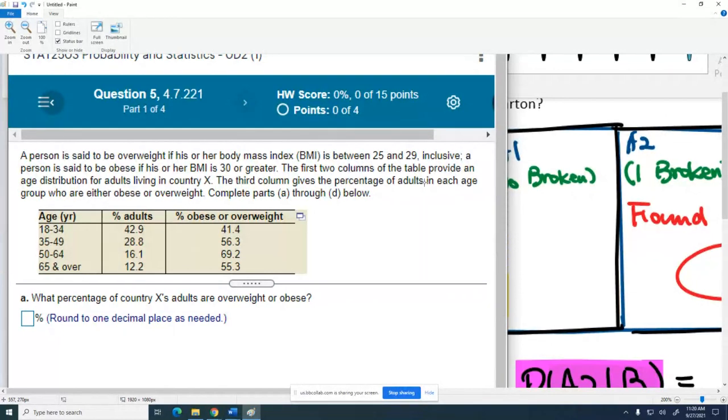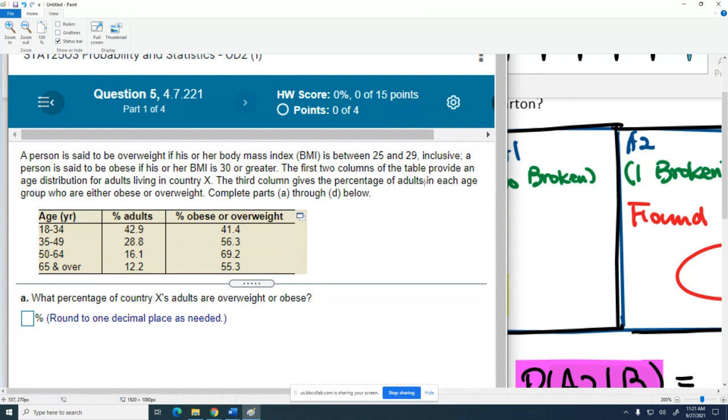We have 2 columns. This one is the percentages by age group. And this one is another set of probabilities for the overweight and obese by the age group. Okay? Can you take a sum, please? Yes, please take a sum. 100%.